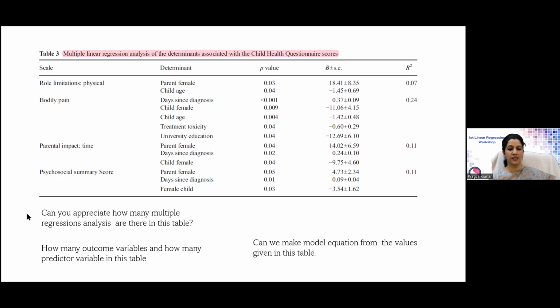But if you see, there is some repetition, like child age here also, and female child. So you can see parent female, child age, days since diagnosis, this is 4. And then again treatment toxicity 5, university education 6. This is repetition, this is all repetition. So I think 6, 7, something like that. Yes, Poonam is writing 6, yes.